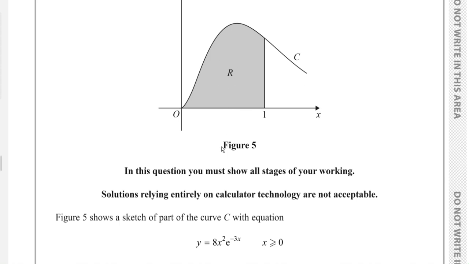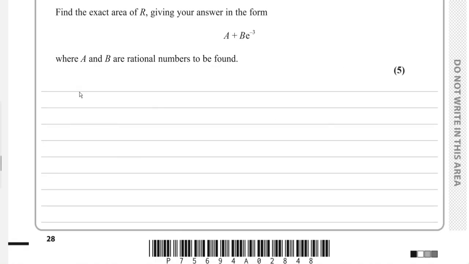To find the area of R, we have to integrate 8x squared e to the -3x between 0 and 1. So let's think about the integral of 8x squared e to the -3x with respect to x. Now here we have two functions being multiplied by each other and we're integrating.